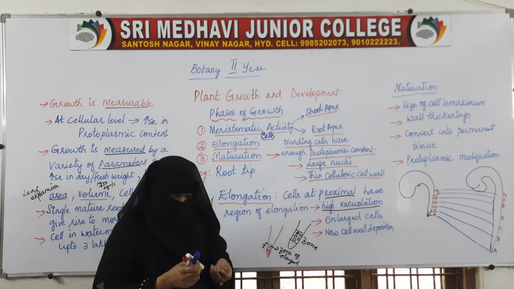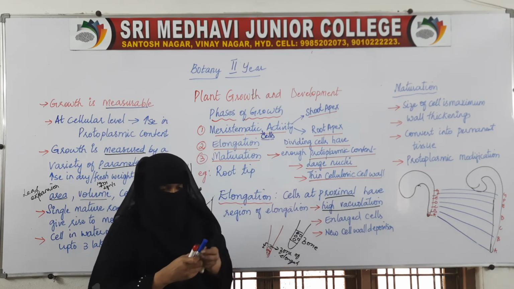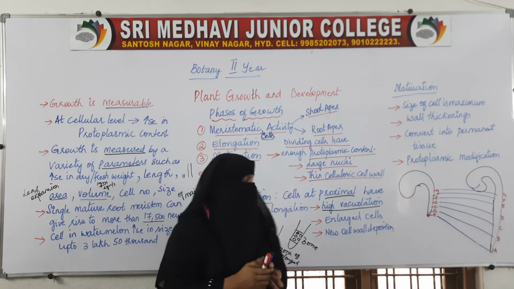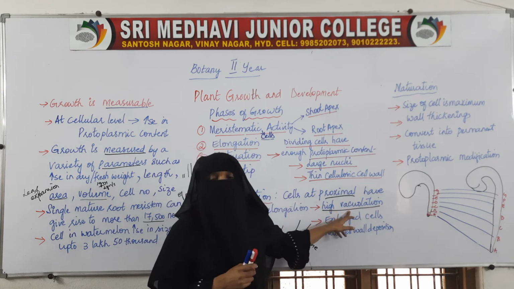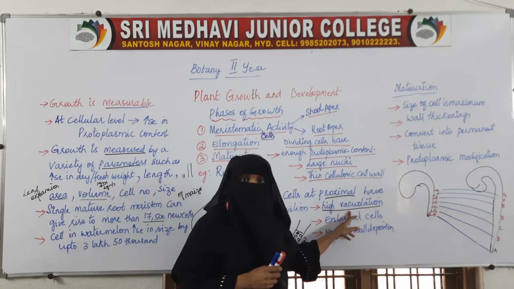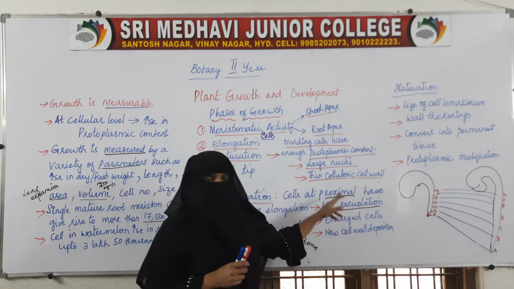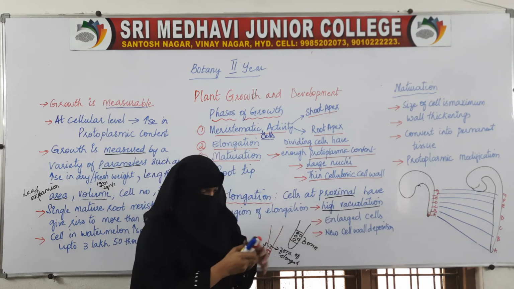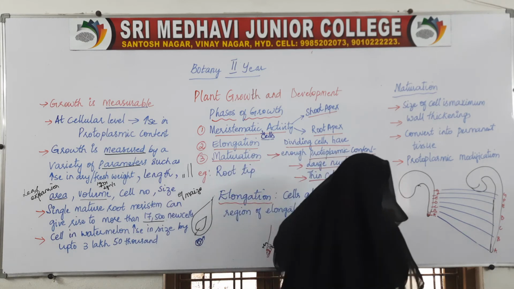Why? Because to undergo elongation, energy is needed, and for energy, food is needed. These vacuoles will be storing the food material. So in the zone of elongation, the cells have high vacuolation for food storage.